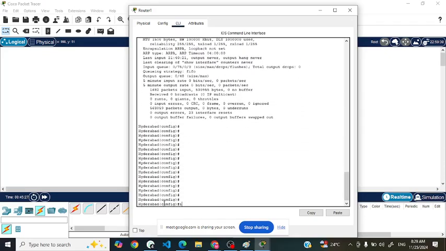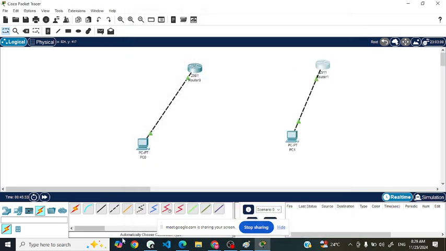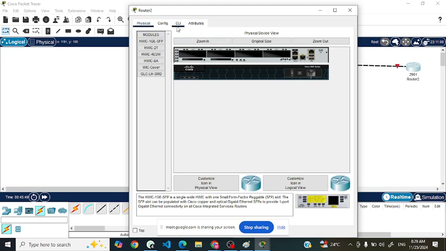Suppose here I am connecting a router and configuring this router also.